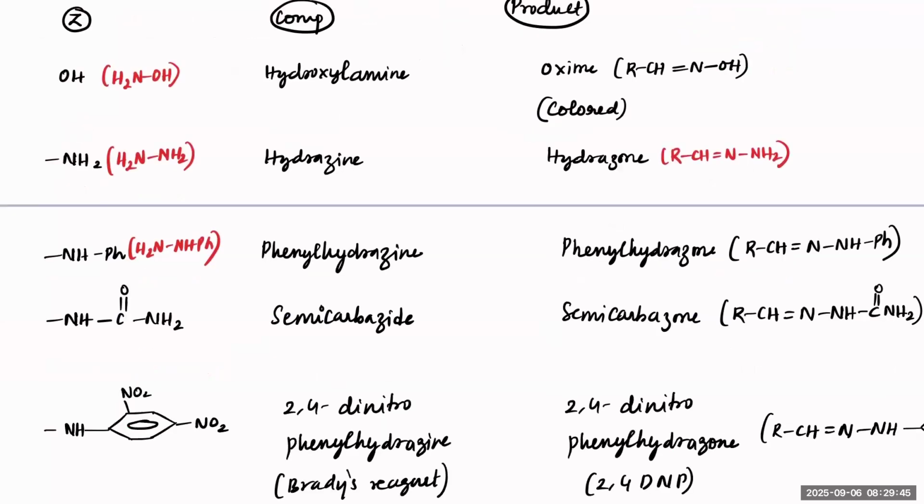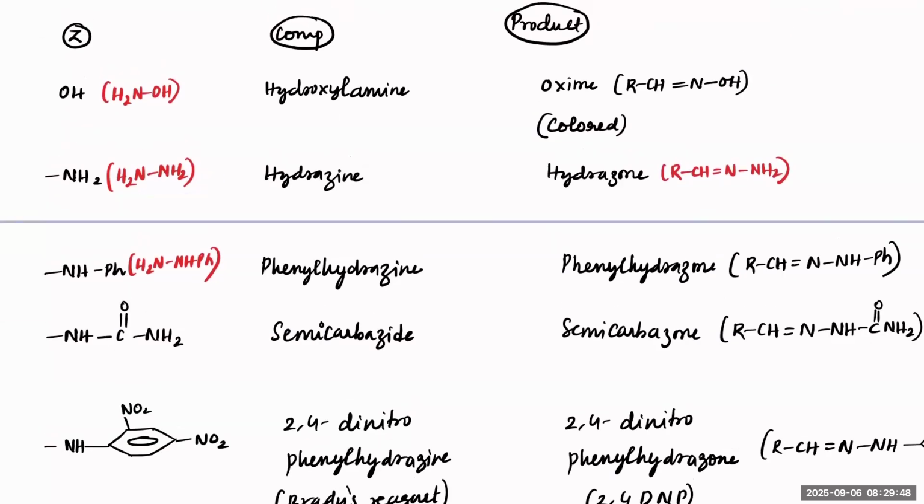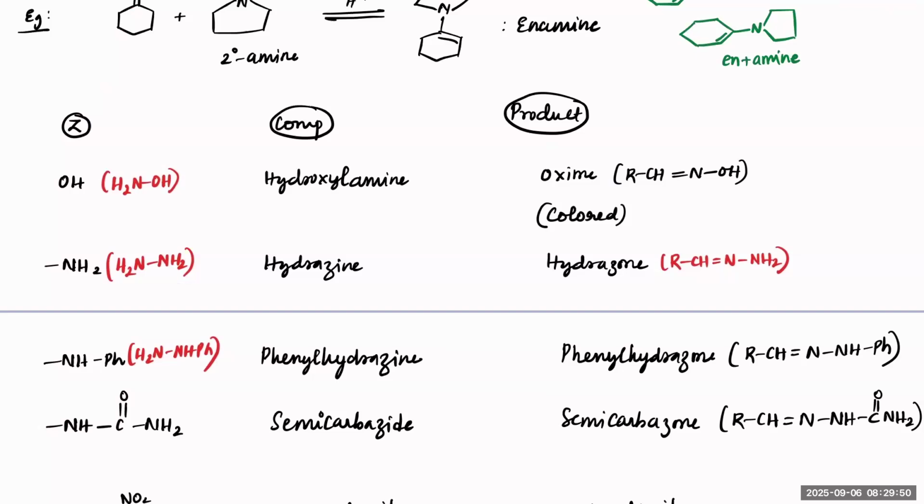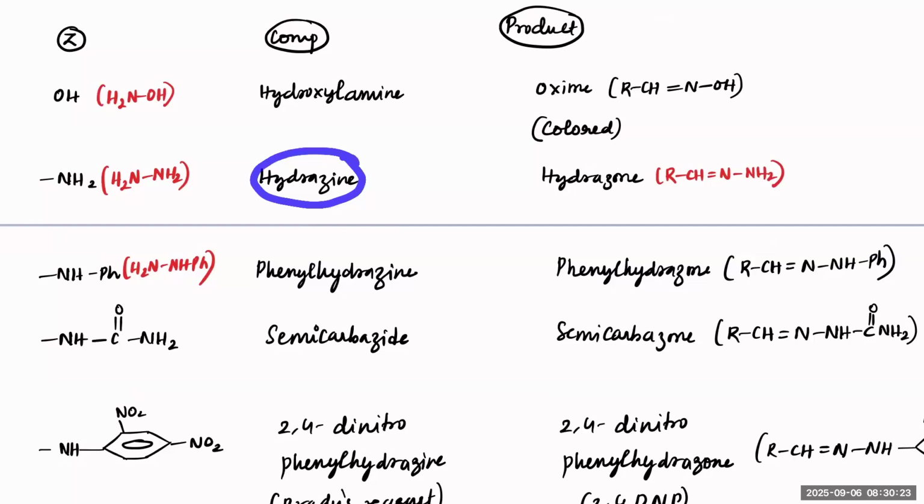Next, if instead of this Z group, we have NH2 here, so with NH2 there is one more NH2 group, then this H2 and oxygen will go, and a double bond will form here. So you will get C double bond N, NH2.